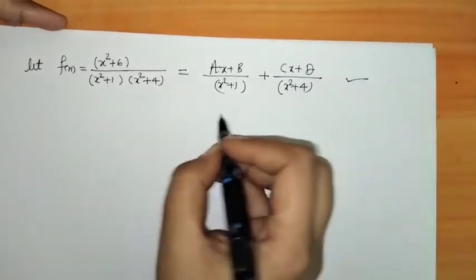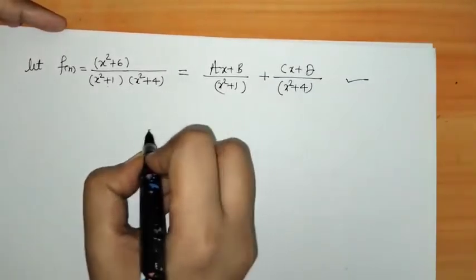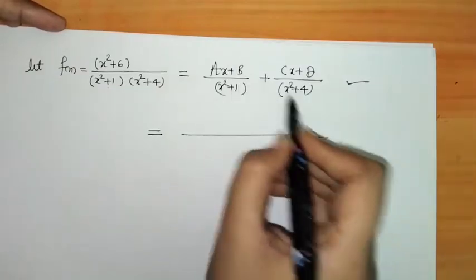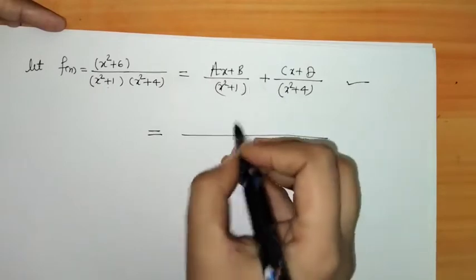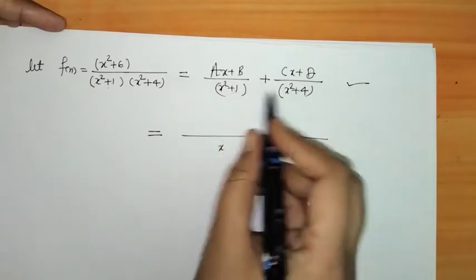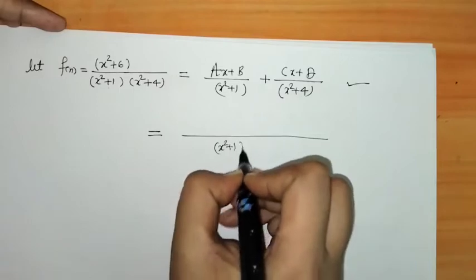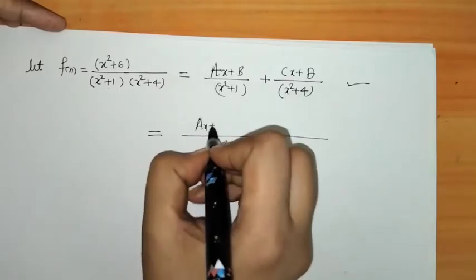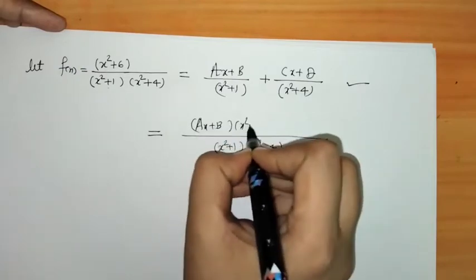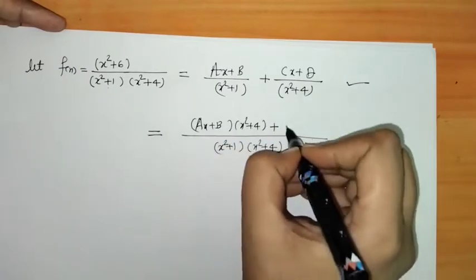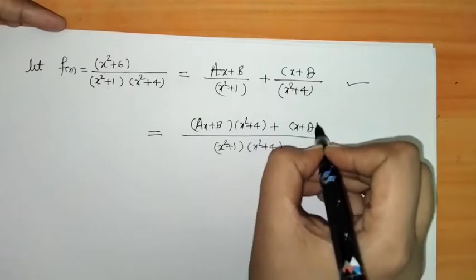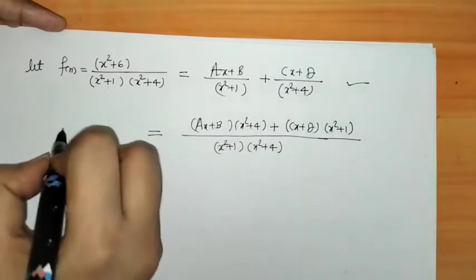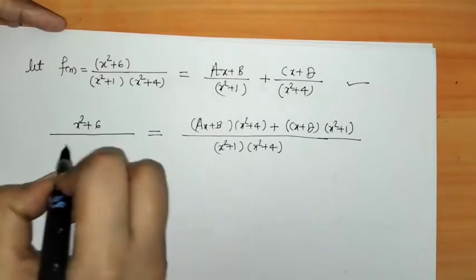Now we proceed. We take cross multiplication: take the LCM, x square plus 1 times x square plus 4. Then we have ax plus b times x square plus 4, plus cx plus d times x square plus 1, and this side is as it is.